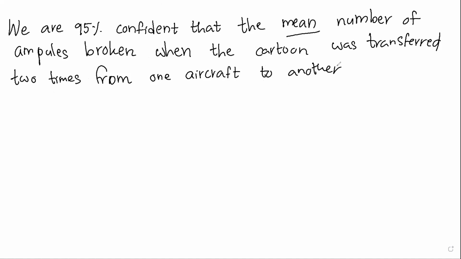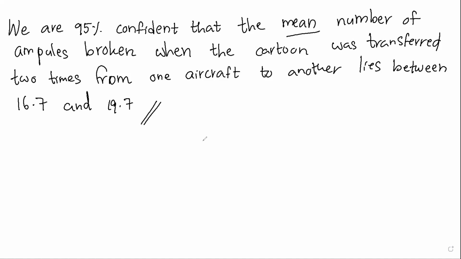To another, lies between the computed, you can just say like this and this. So just because this is number of ampules, you can either say lies approximately between 17 and 20.